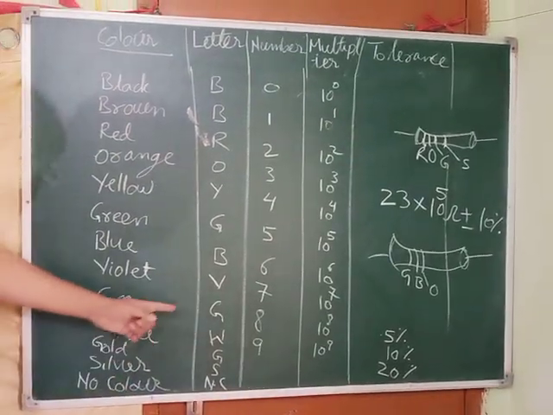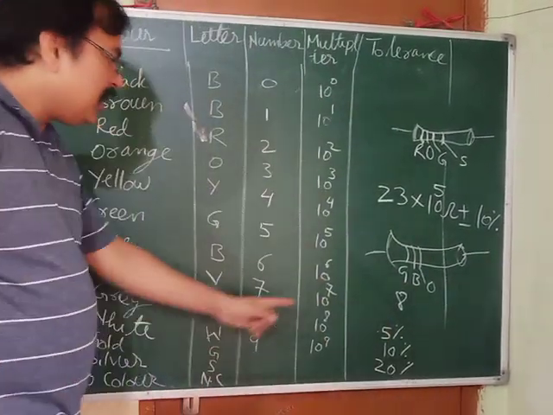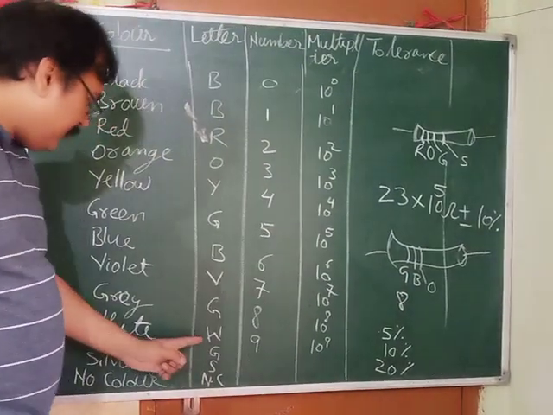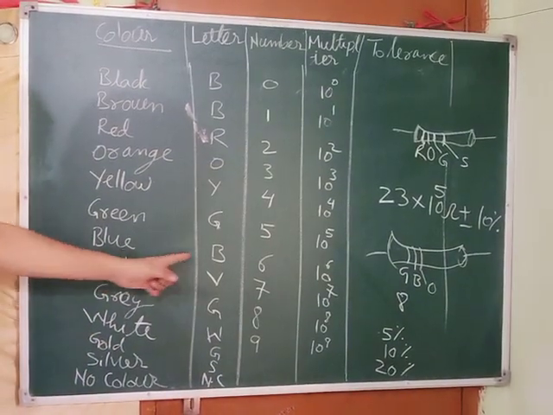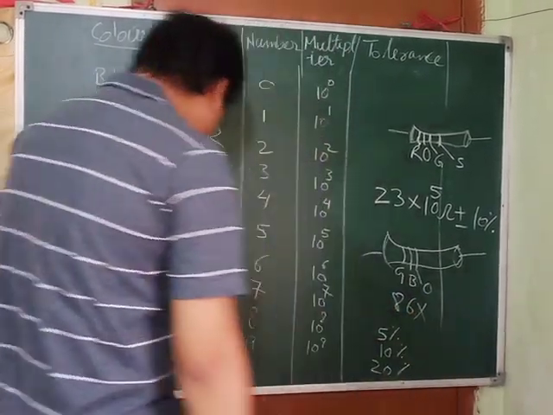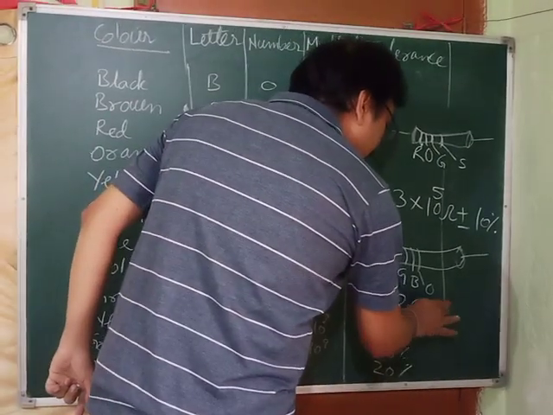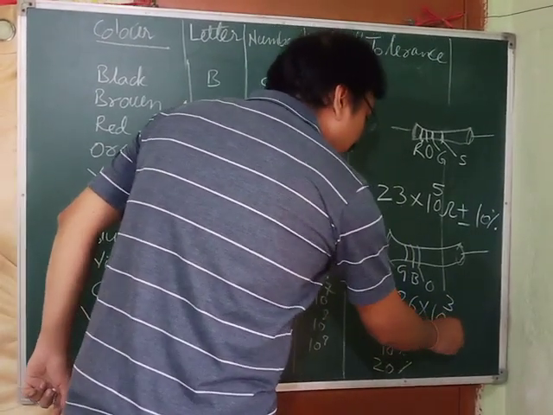So for green it is 8. Second is blue. For blue it is 6. For orange, it is 10 raised to the power 3. 10 raised to the power 3 ohm.